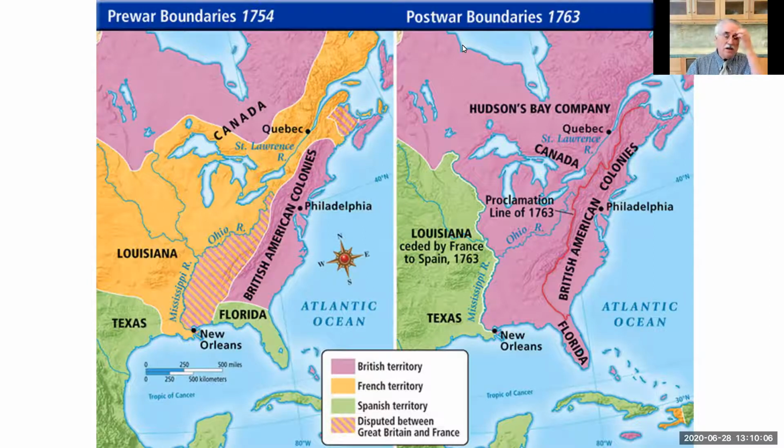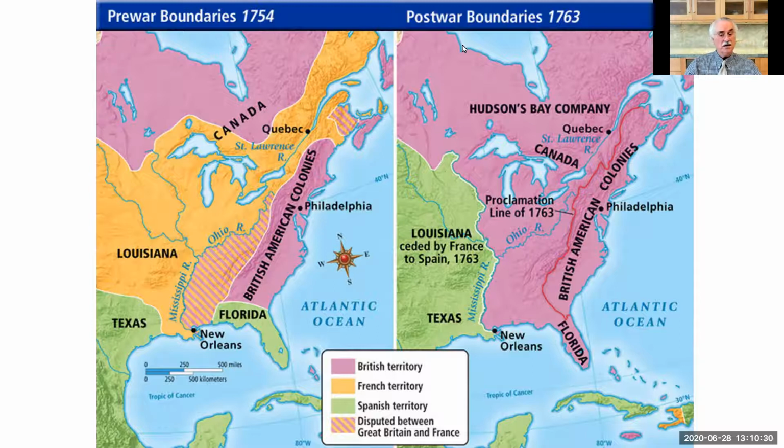So before 1754, there are three European nations fighting to take control of North America: the British, the French, and the Spanish. On the right side of the screen, you can see the map after the 7 Years' War.